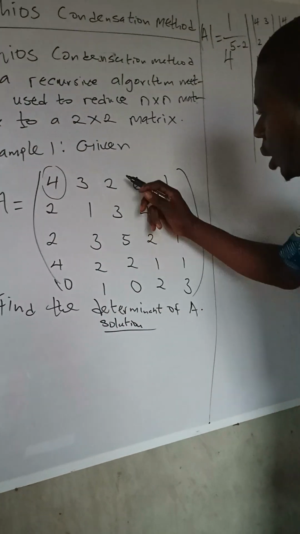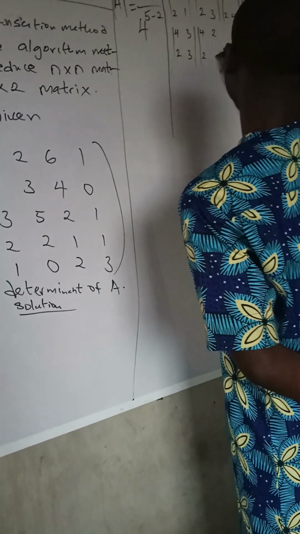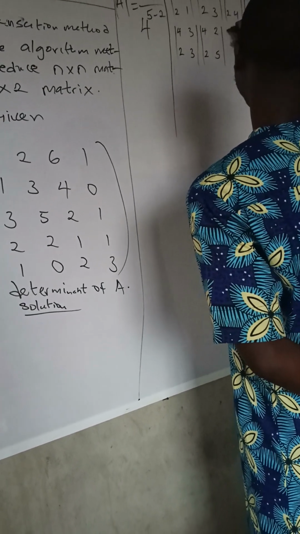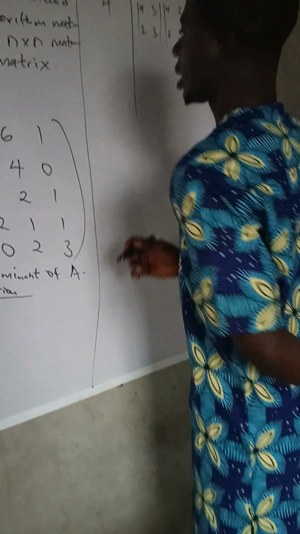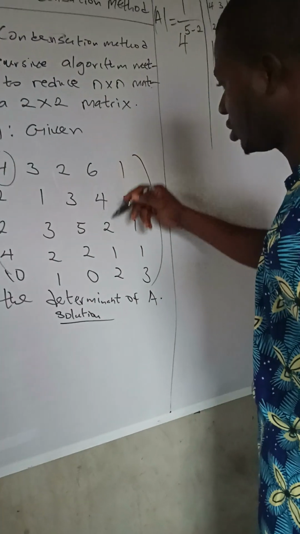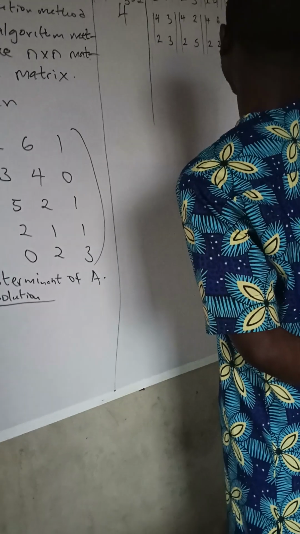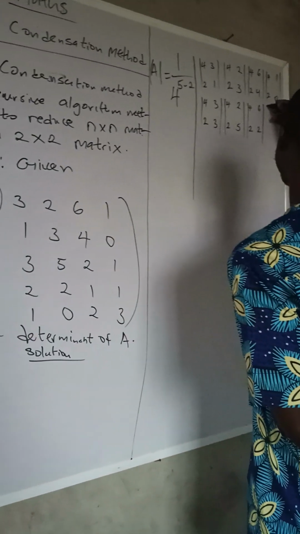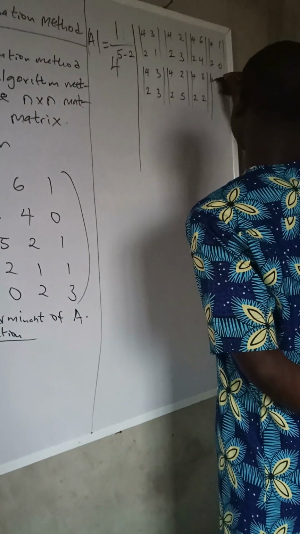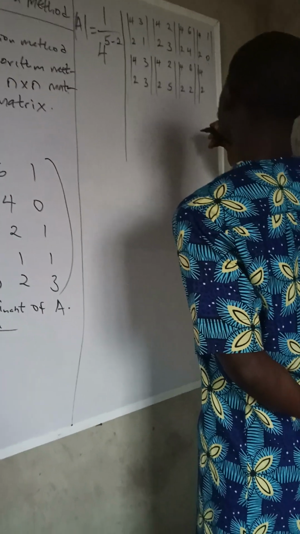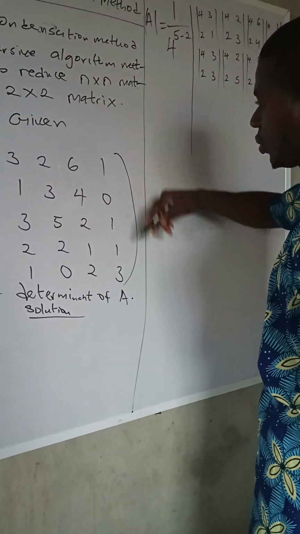Then on the third column, we have 2, 5. We still have that 4, 2. And on the fourth column, we have 6, 2. We have 4, 2. And then the last column here, we have 1, 1.